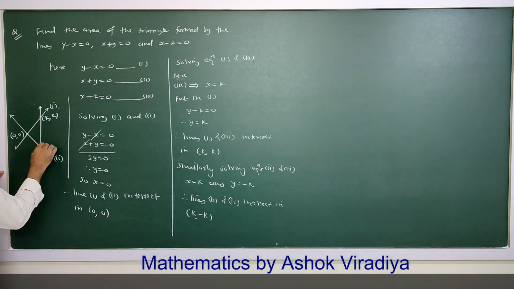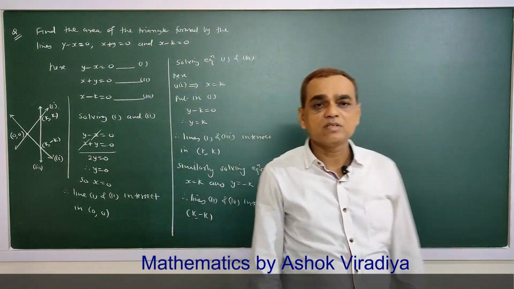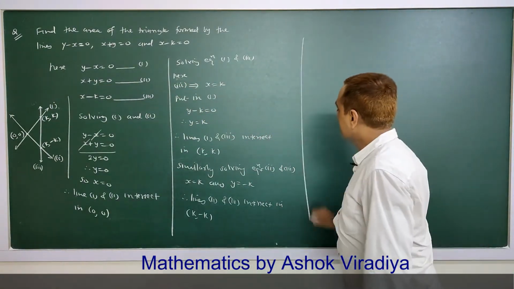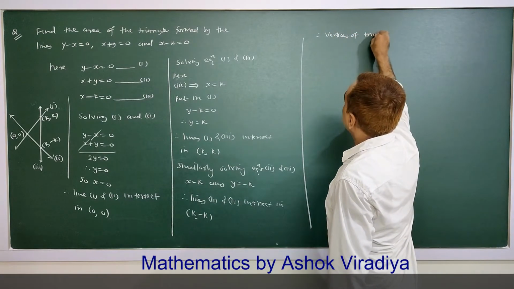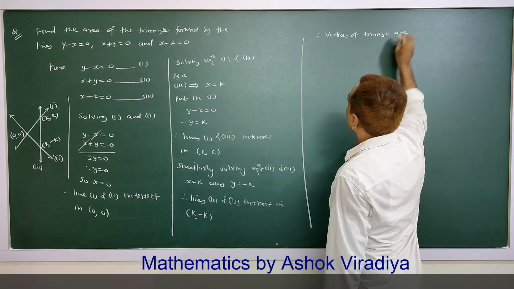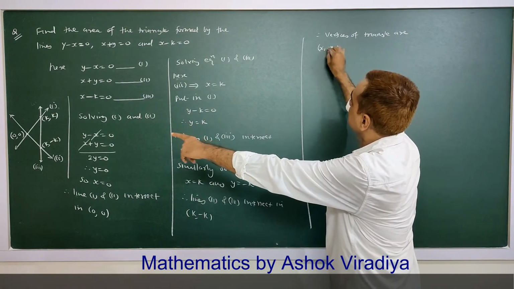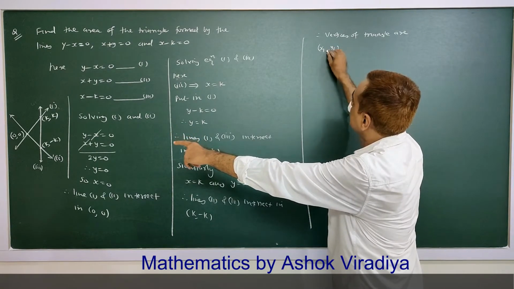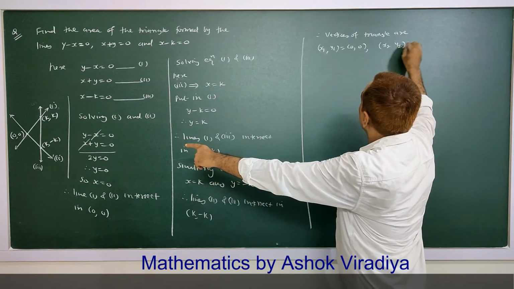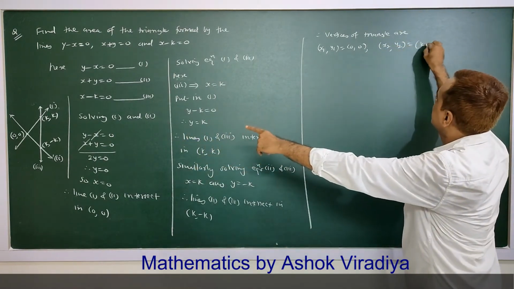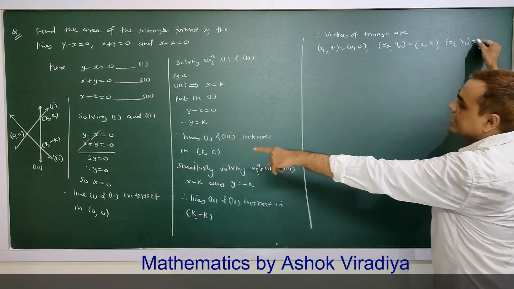So the vertices of the triangle are: x1 y1 is (0, 0), x2 y2 is (k, k), and x3 y3 is (k, minus k).